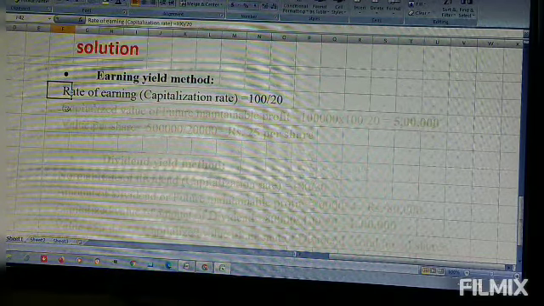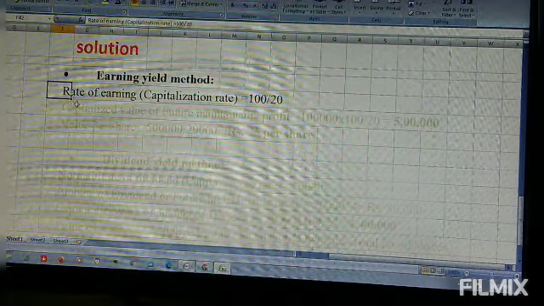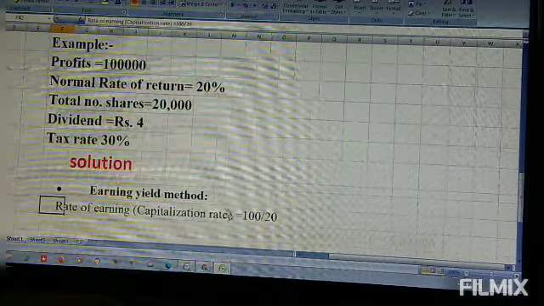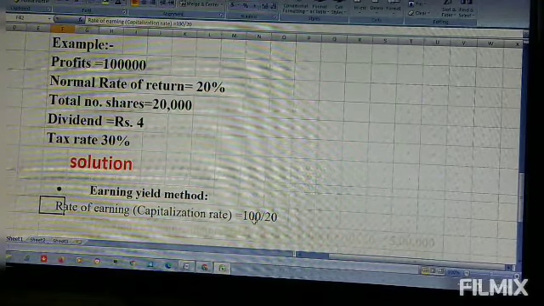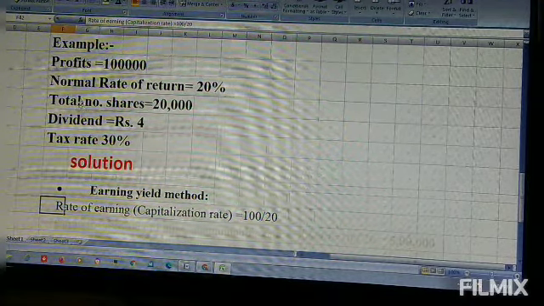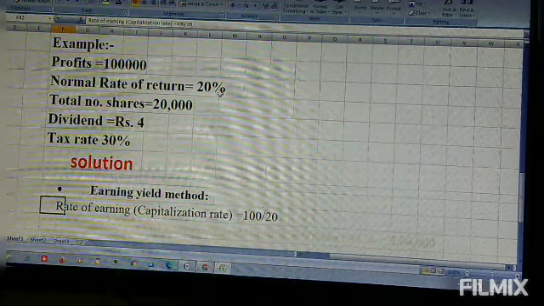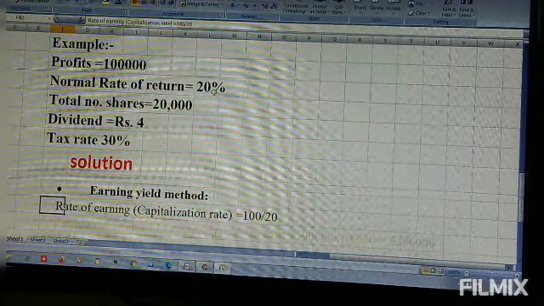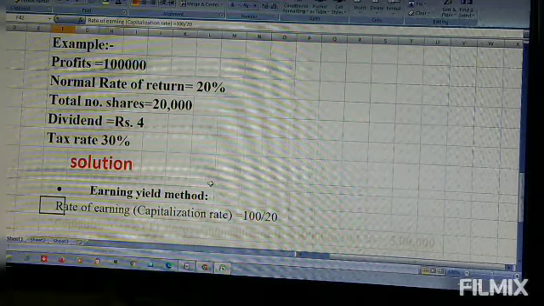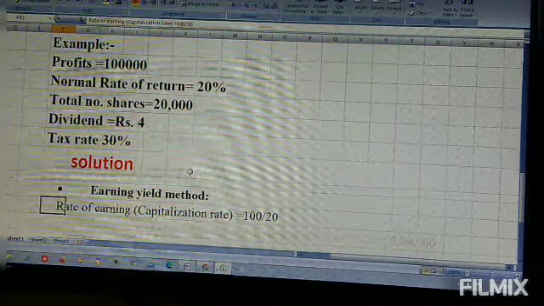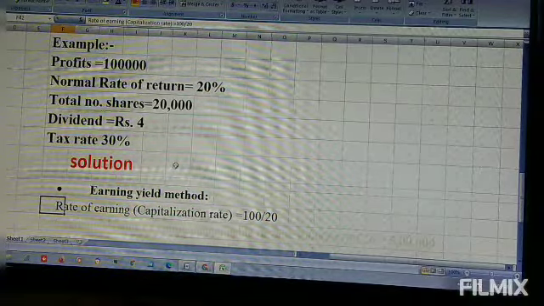So the rate of return is 20%. Its reciprocal, if you write, for every 20, 100 is the capital. Like this, you have to capitalize. Okay. Normal rate of return means 20%, which means for every 100, the rate of return is 20. In reverse, we can say for every 20 rupees profit, there must be an investment of 100 rupees.